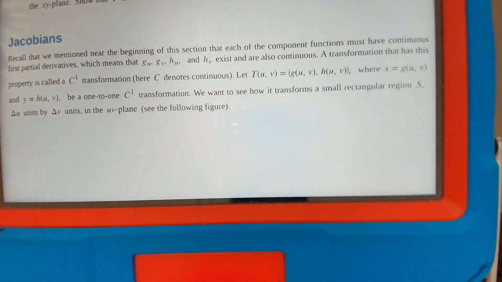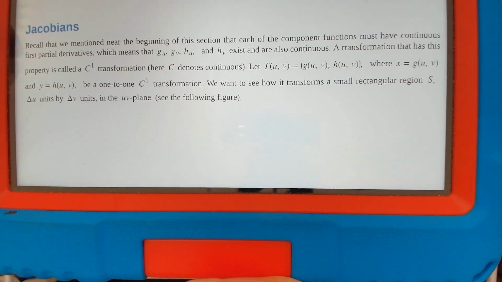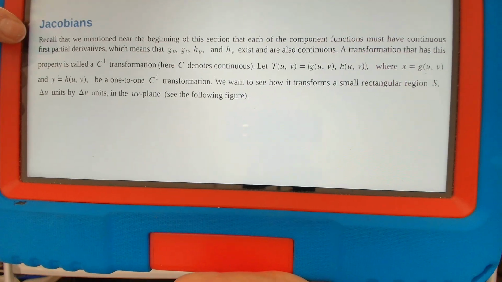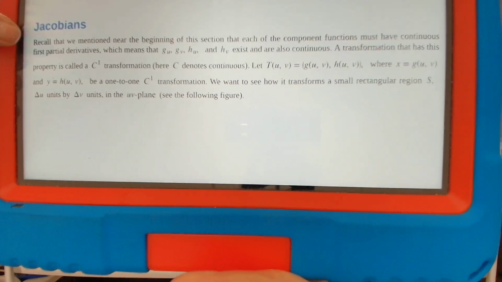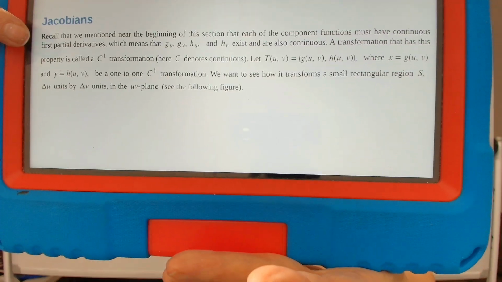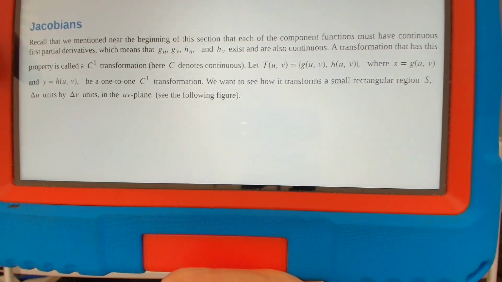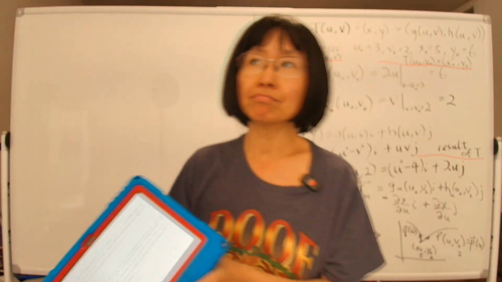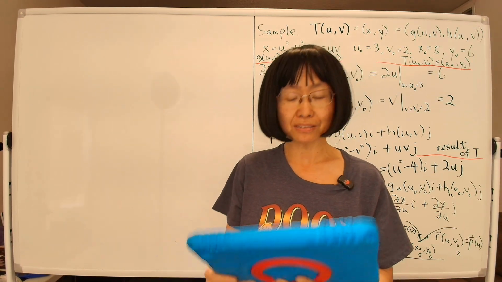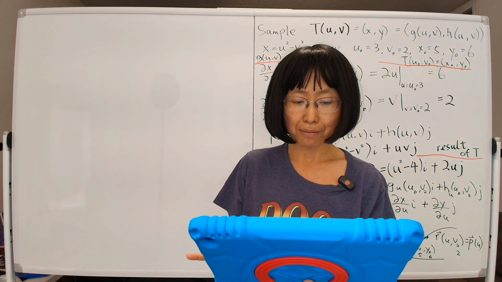Then you can take the partial derivative of g with respect to u, and the same with h with u and v, and so on. Now there are 4 partial derivatives, and they all need to be continuous to be called a C1 transformation. And that's all you need to know about that for now. If the first partial derivatives are continuous, it is called C1.